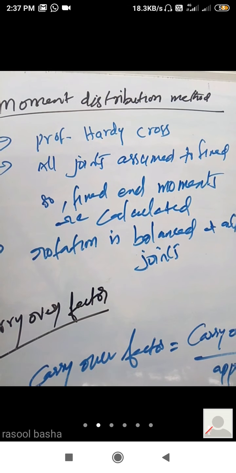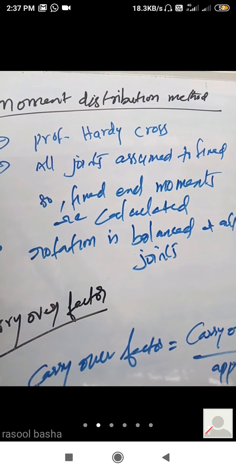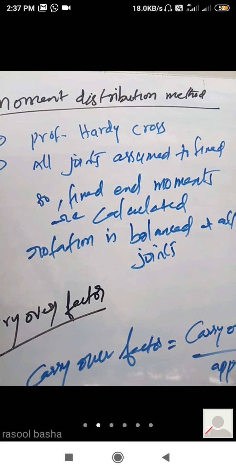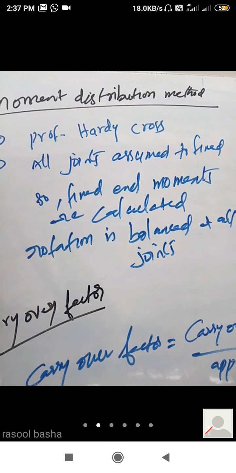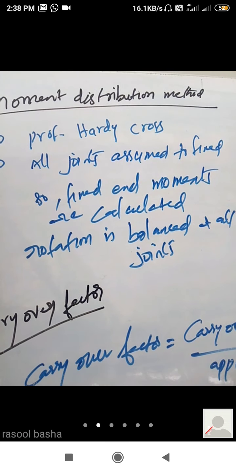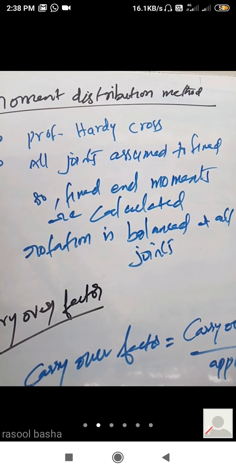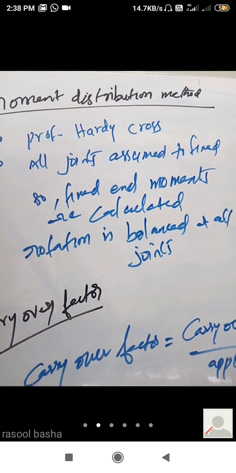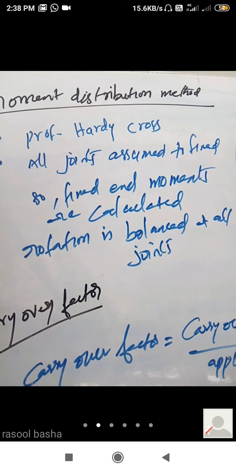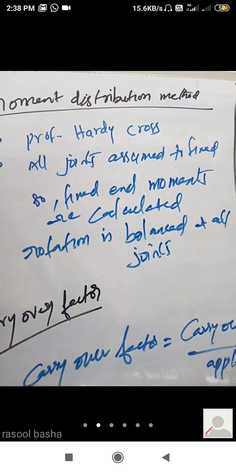Once again I'm repeating that. The moment distribution method was suggested by Professor Hardy Cross. All joints are assumed to be fixed, so that fixed end moments will be calculated. Since the joints are fixed, the rotation is also fixed, so we say the rotation is balanced at all joints.